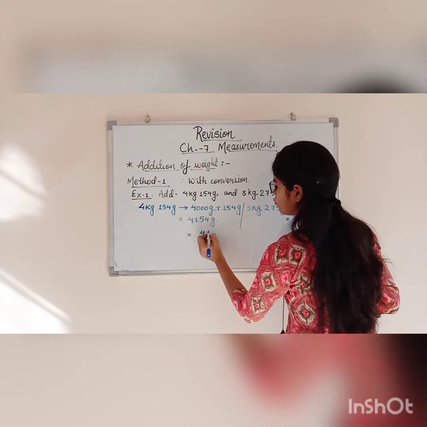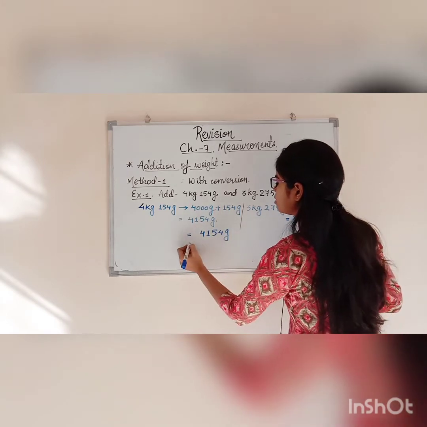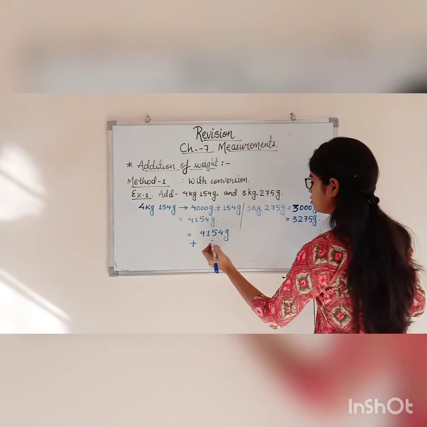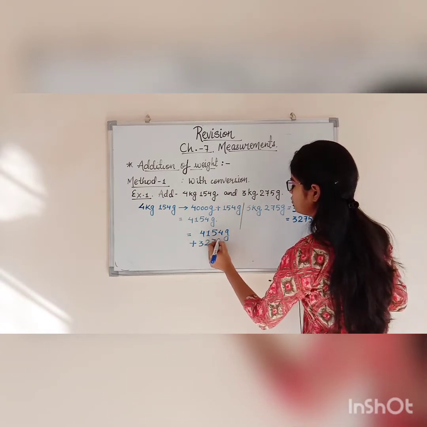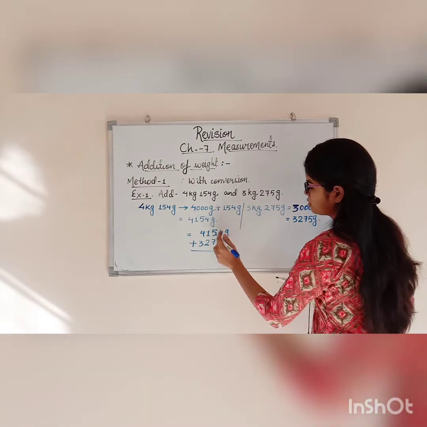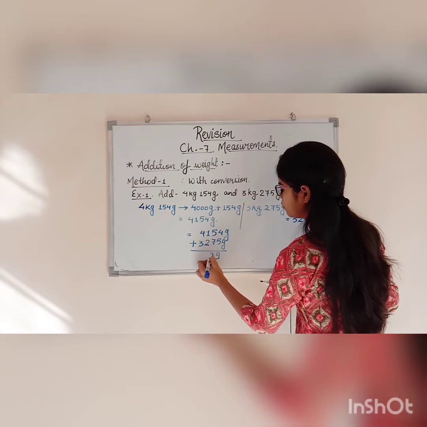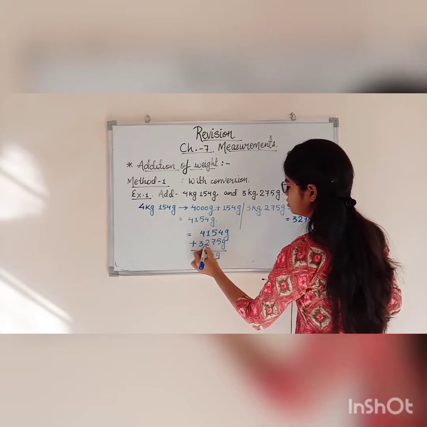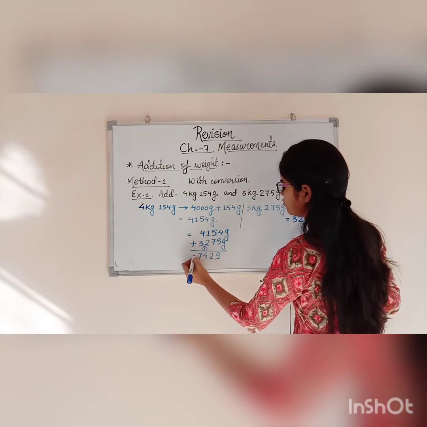After this, we add both of these measurements. So 4154 grams plus 3275 grams. The total is 5 and 4, 9; 7 and 5, 12, carry 1; 2 and 1, 3, and 1, 4; 4 and 3, 7.